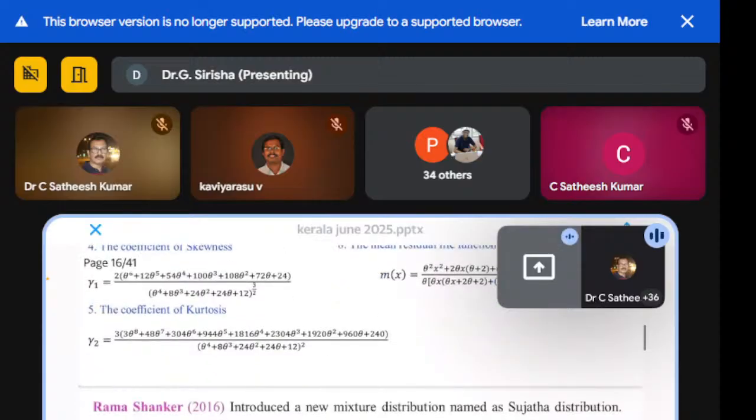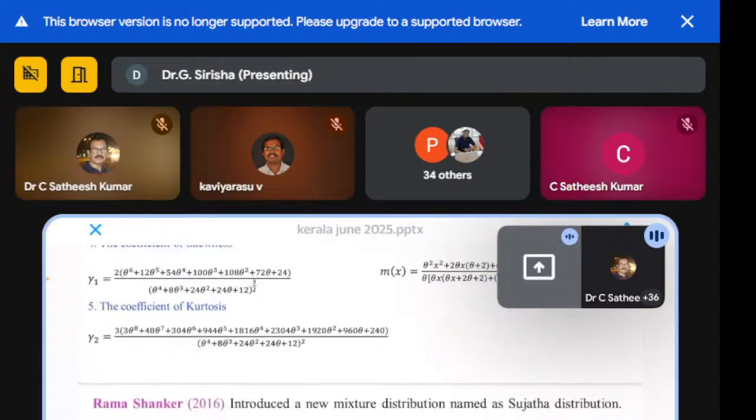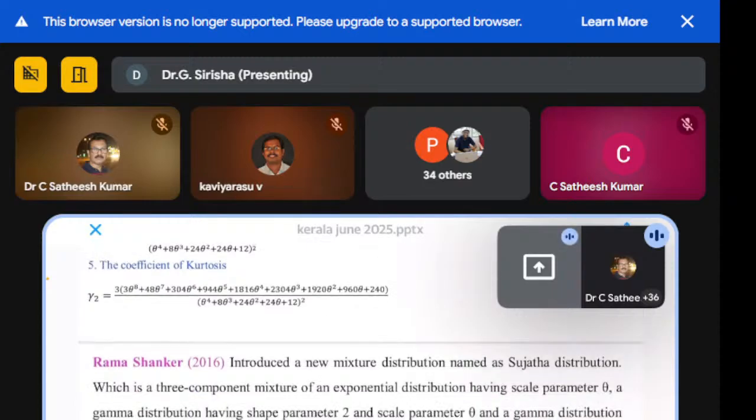Next is also proposed by Ramashankar, which is named the Sujata distribution. This is also a three-component mixture distribution. The first component is an exponential distribution having scale parameter theta. The other is gamma with shape parameter 2, scale parameter theta.